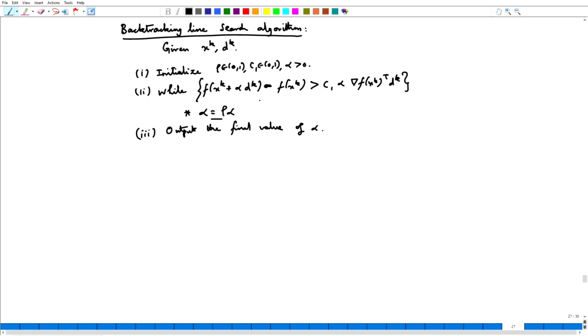So, in the first step, if this particular condition is not satisfied, this is actually called Armijo's condition, right. That is, if f of x k plus alpha d k minus f of x k is less than or equal to C1 alpha del f of x k transpose d k, this is called Armijo's condition.